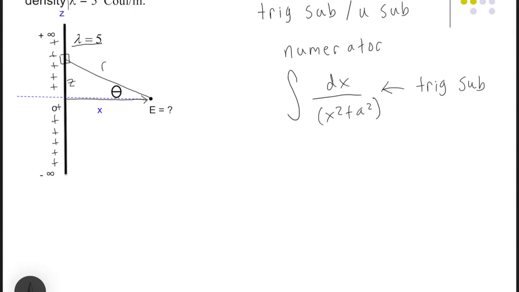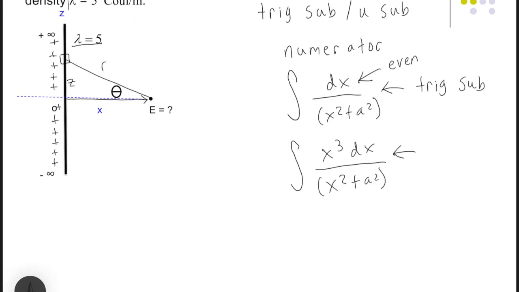Say we don't have an even function on the top, perhaps we have an odd function. We'll have an integral like x cubed dx over x squared plus a squared. This would be used with U sub. Both have their uses, and one is easier than the other depending on your numerator value.